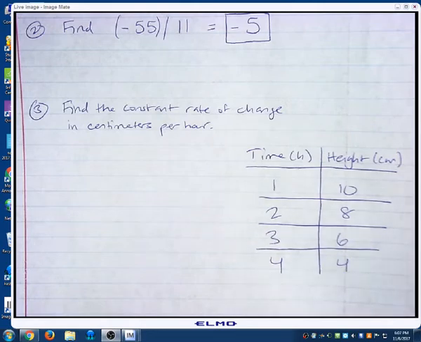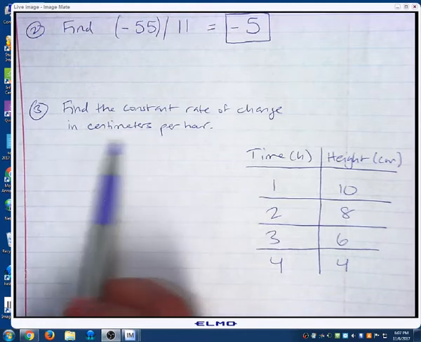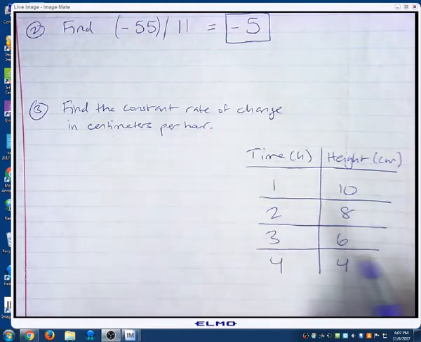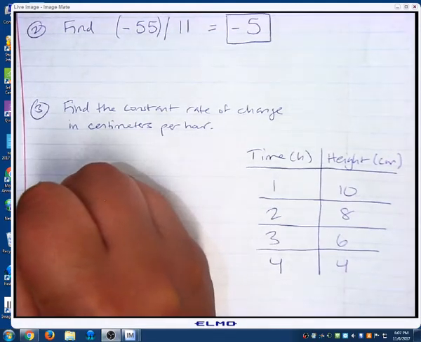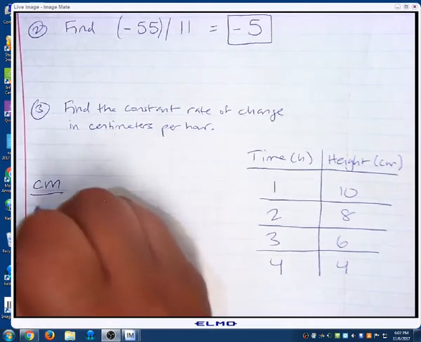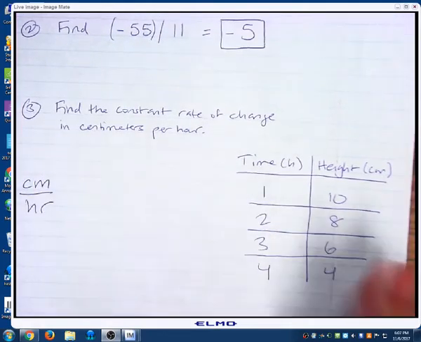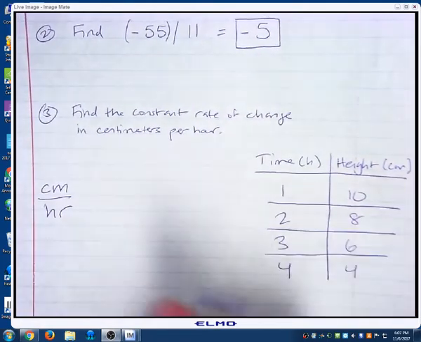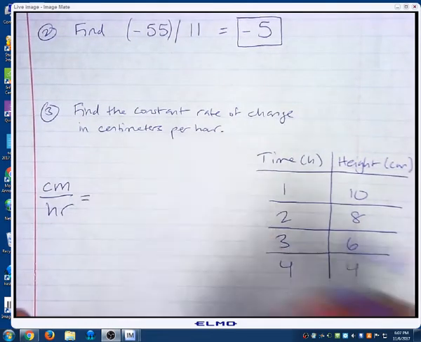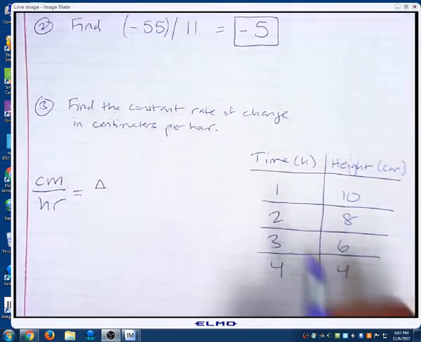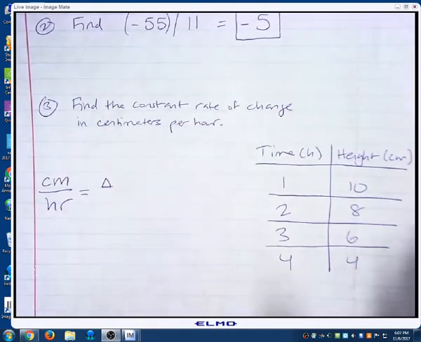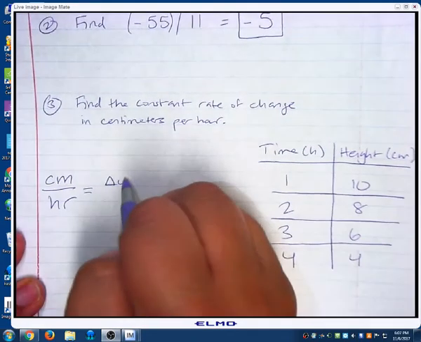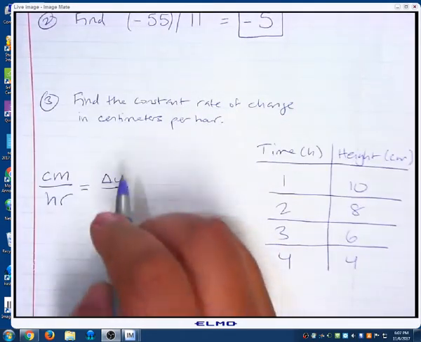All right, so first I'm actually just going to write what that's going to be, and this actually gives you a hint. Like I just said, it's going to be centimeters over hours, which is my change in y over change in x.